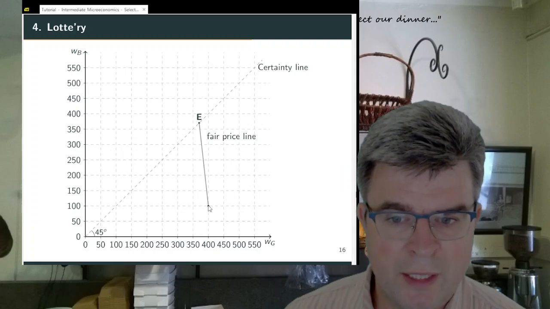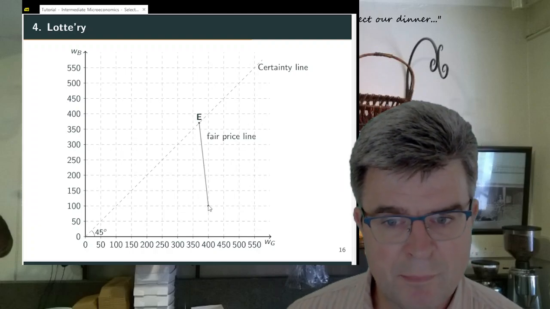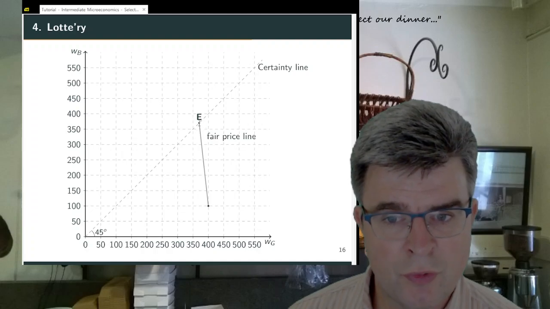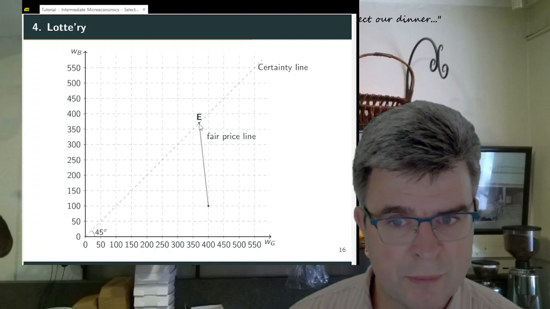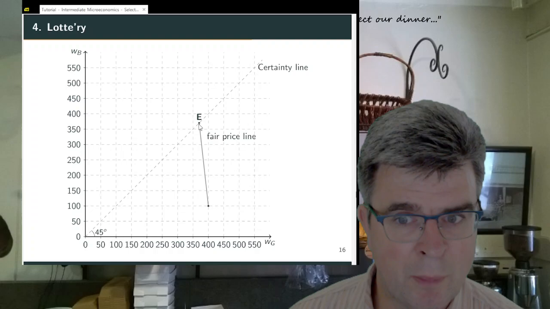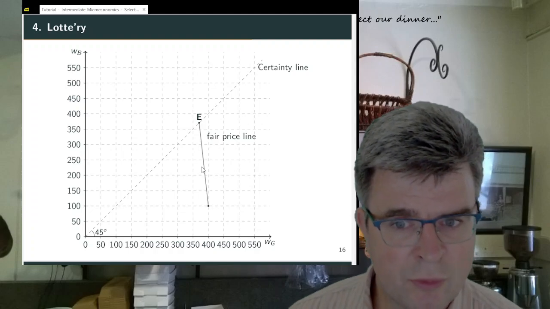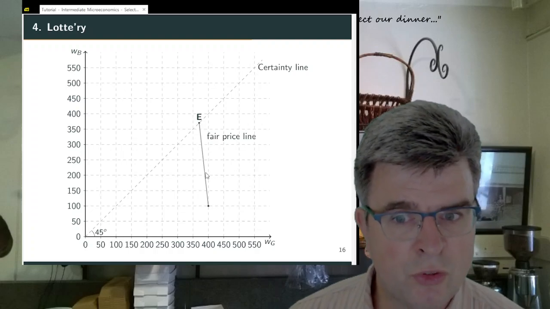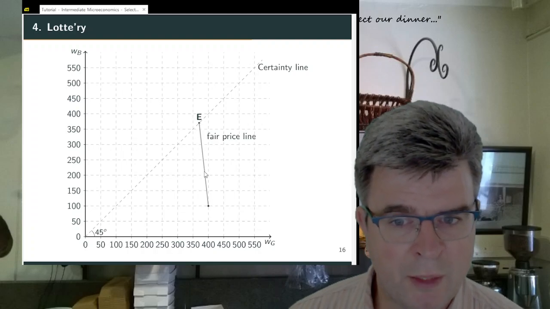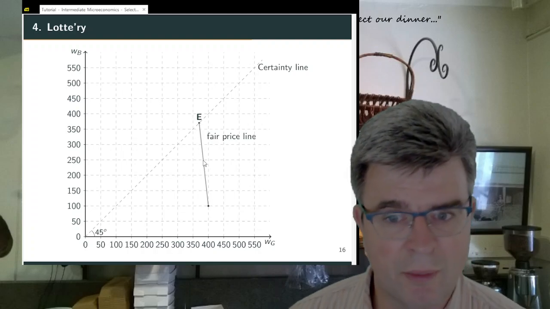So she starts out here, where she is exposed to the risk, and she is offered to buy full insurance, where she will end up here, and she can also decide to only partly insure, which would make her end up somewhere here.